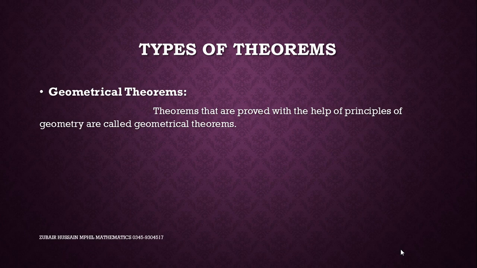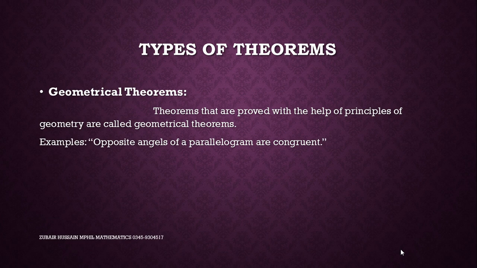For example, opposite angles of a parallelogram are congruent. Here the parallelogram is included, and a parallelogram is a geometrical figure. When we prove it we use the principles of geometry, so this theorem is called a geometrical theorem.